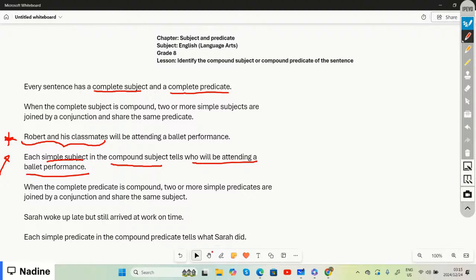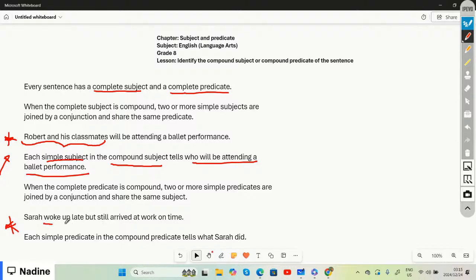It says, Sarah woke up late but still arrived at work on time. All right. So Sarah woke up late but still arrived at work on time.